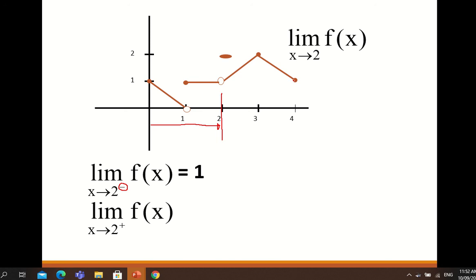From the right we trace the graph going there, which means our value of x is decreasing. When we move to the left, coming from the right, the value of x is decreasing, up to here. So this is also the limit of the graph from the right going to 2. We're tracing from the right towards 2.